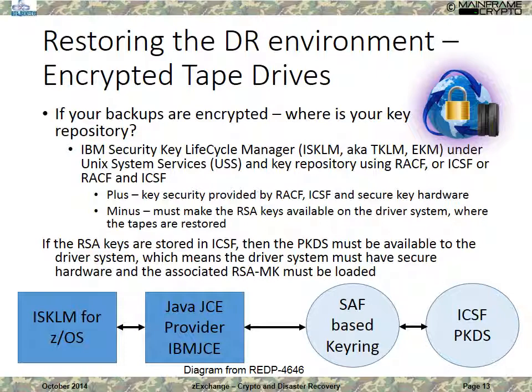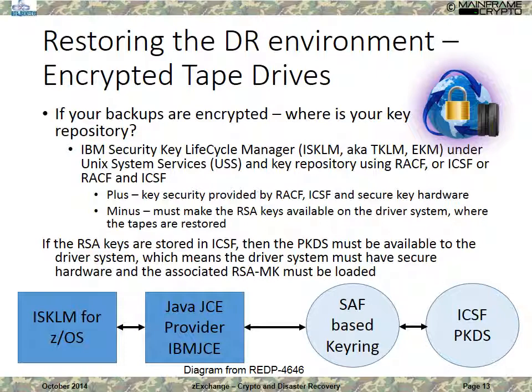If you use just ICSF as your key store, you've got a similar situation. Your PKDS is going to have to be available to the driver system, the system that's actually going to restore your dumps from tape to the DASD volumes, so that the RSA private key that will decrypt the symmetric key off the tape is available.